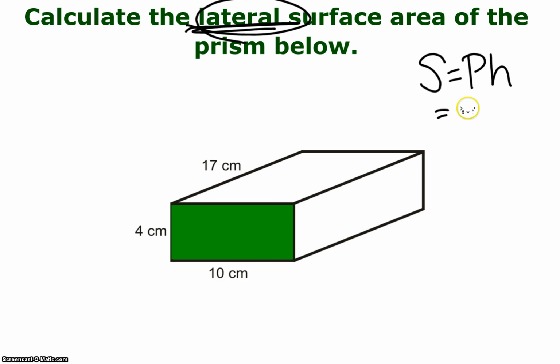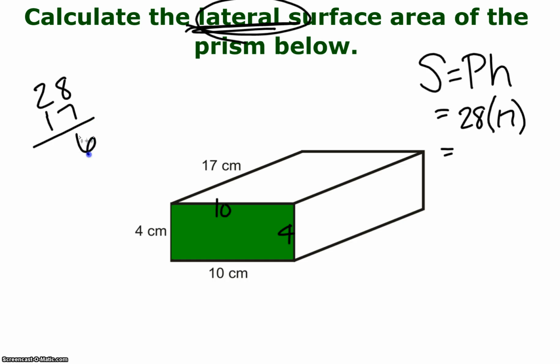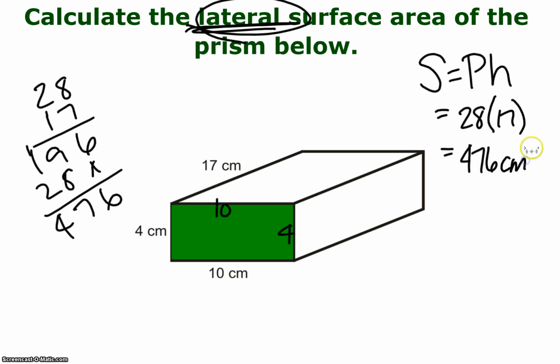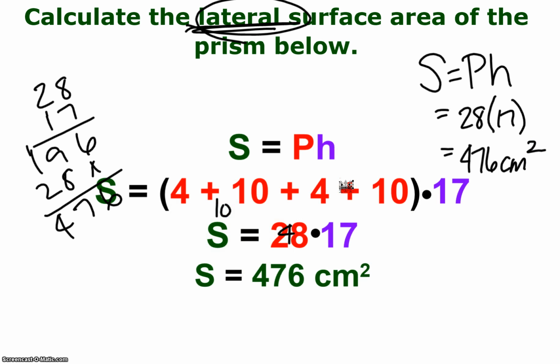The perimeter of my base is 10 plus 4 plus 10 plus 4, 20 plus 8 is 28, times the height, which is 17. 28 times 17 equals 476 centimeters squared. So let's see if we're right. We were.